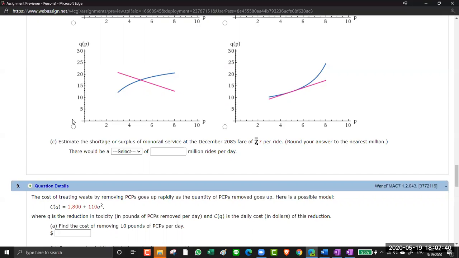So I think there should be a surplus, and the amount is, what was the number that you came up with when you subtracted? For mine, it's 3 million tons of rice per day.